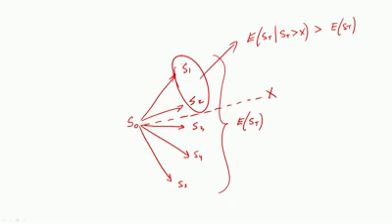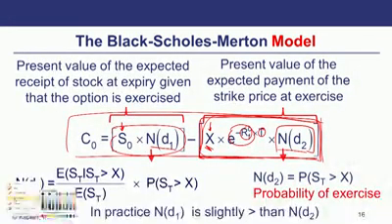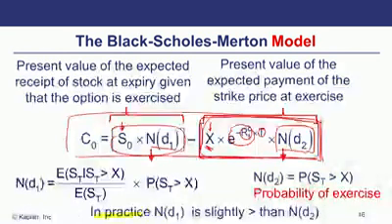And if we go back to the slide, you will notice that in practice N(d1) will be slightly greater than N(d2) for the reason I'm explaining. Also, it's interesting to note, and we will mention this again in a couple of slides' time, that N(d1) has a special meaning as far as we are concerned, because it is one of the option Greeks we will be studying. In fact, N(d1) will be the option's delta, the call option's delta.